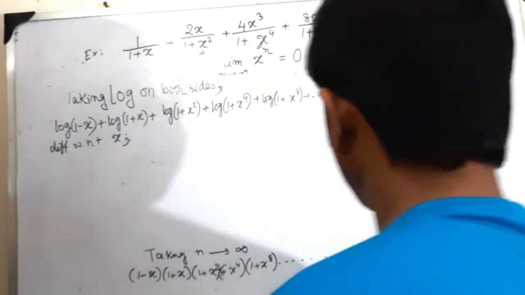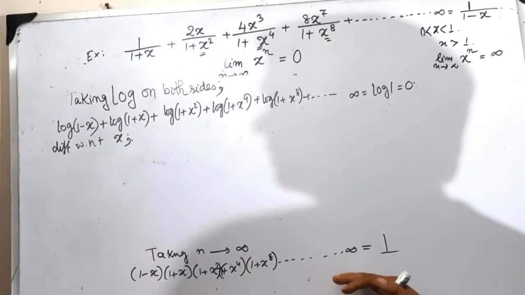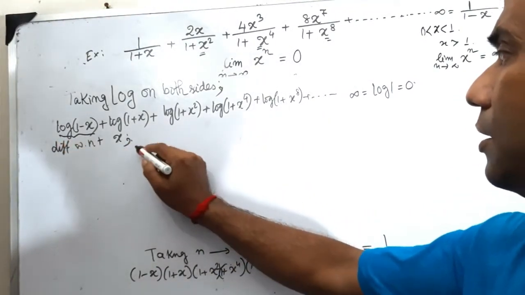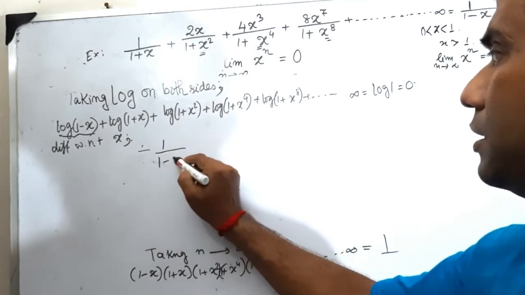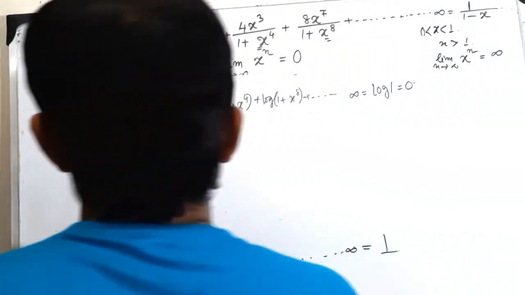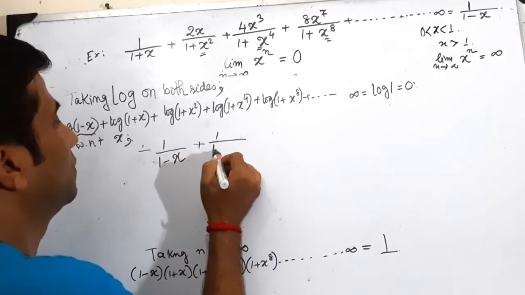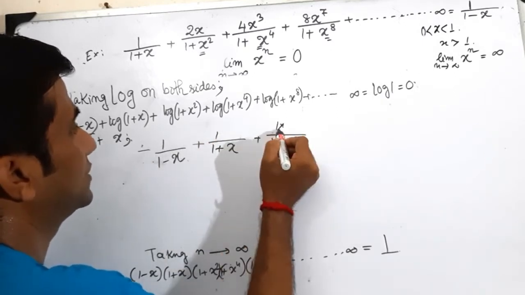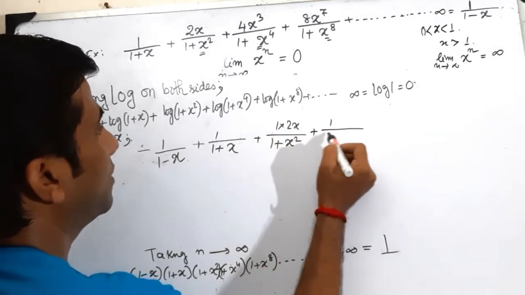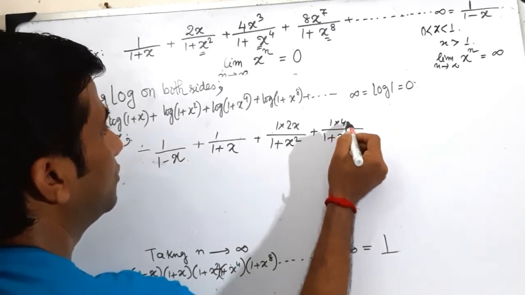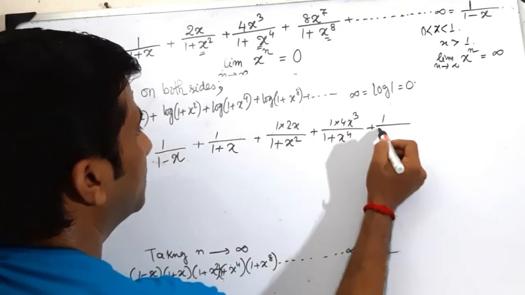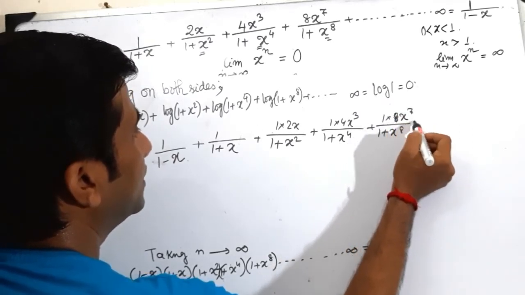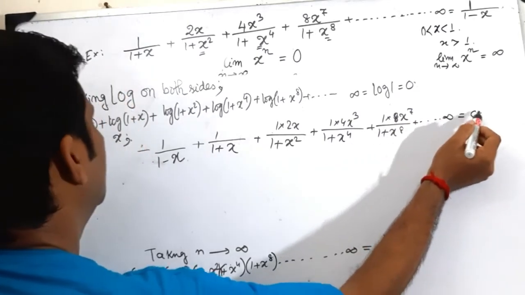we get minus 1 by 1 minus x, plus 1 by 1 plus x, plus 1 by 1 plus x square, and differentiating x square means 2x, plus 1 by 1 plus x to the power 4 into 4x cube, plus 1 by 1 plus x to the power 8 into 8x to the power 7, plus ... to infinity is equal to 0.